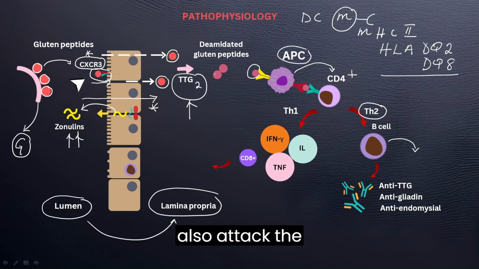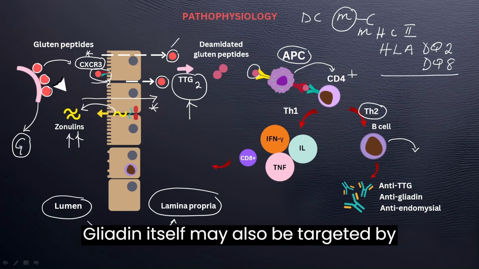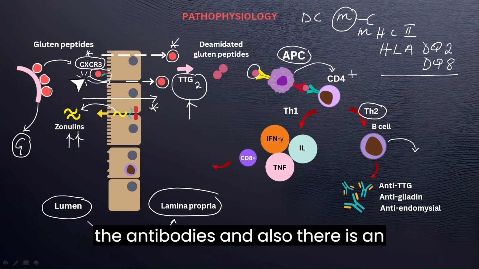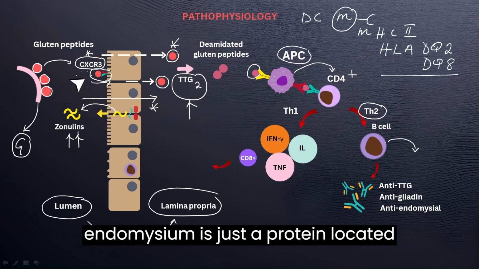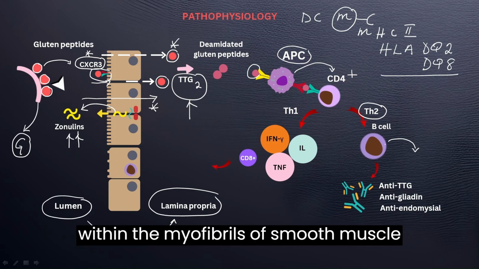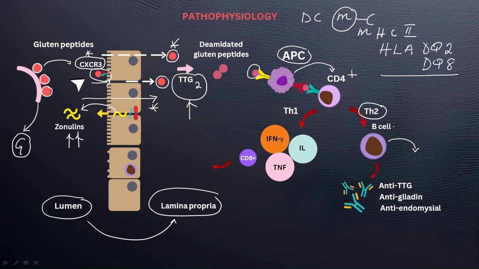The antibodies may also attack the deamidated peptides that you see. Gliadin itself may also be targeted by the antibodies. And also there is an anti-endomysial antibody. So endomysium is just a protein located within the myofibrils of smooth muscle cells of the gastrointestinal tract.